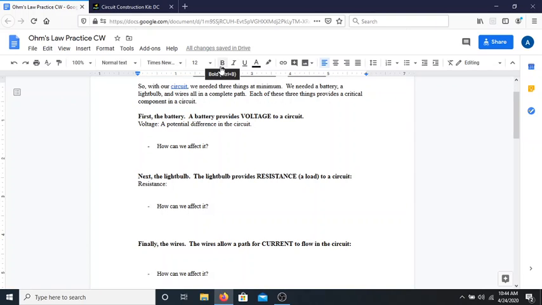All right. And with this charge difference, one side of the battery is positive, one side of the battery is negative, and it causes the electrons to start flowing to the side that they're attracted to. So in other words, we can say it's potential difference in the circuit, or we can say it's the charge difference between the sides of the battery.